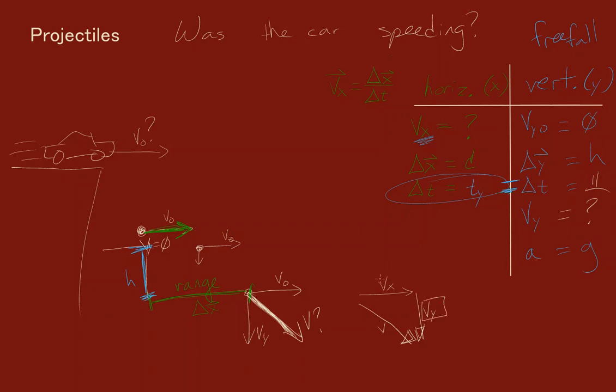And now that we have both of those velocities, we can get our final speed. We can use inverse tangent to get the angle, and we can know our actual final velocity of this car. And that's it for projectiles that are launched horizontally. I'll start the angled launch with the next video.